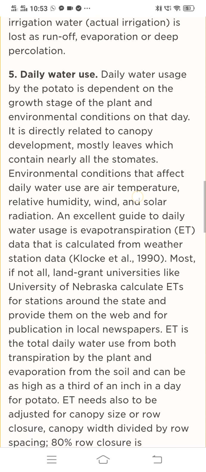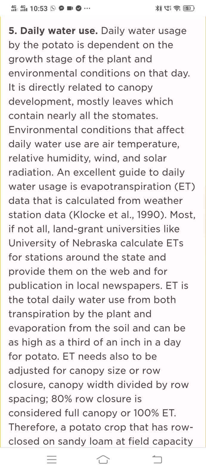Now, daily water use. Daily water usage, here it is the example of potato. It is dependent for any other crop. It is dependent on growth stage of plant. Environmental condition of that particular day is directly related to the canopy development. What is the canopy? Canopy is the shoot.